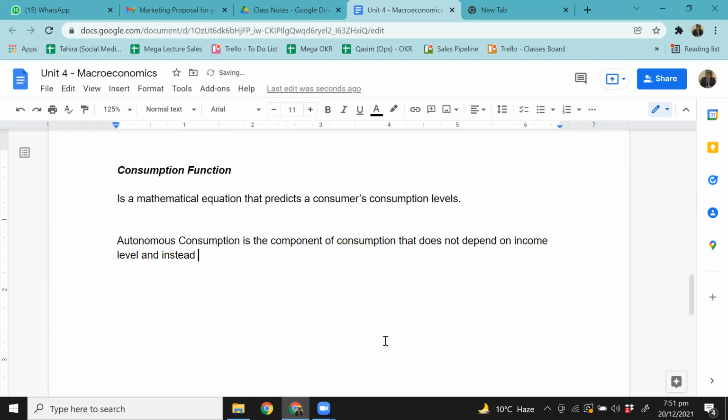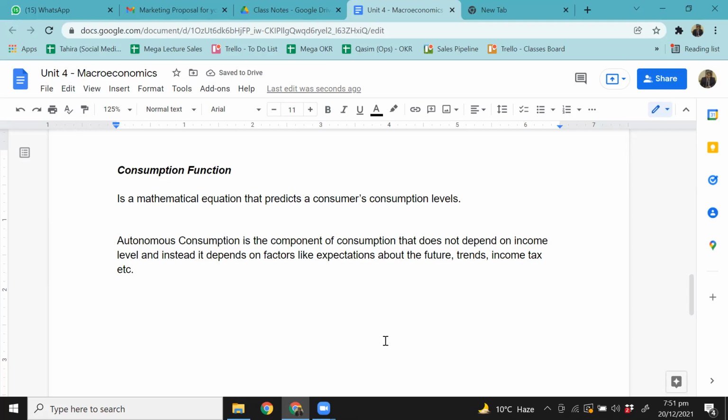Instead, it depends on factors like expectations of the future, trends, income tax, etc.